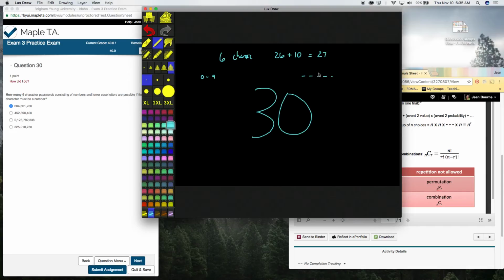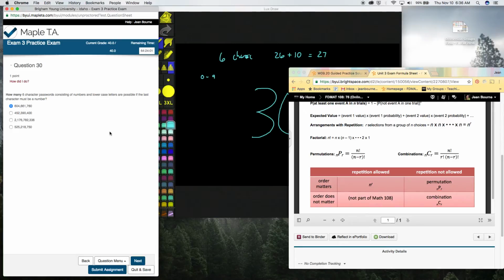Okay, and then we're going to work that part of it separately. It doesn't say anything about repeating or order, so repetition is allowed. Order does matter because we're not just randomly picking them, we care what order they're going in.